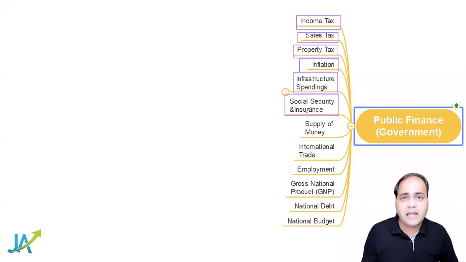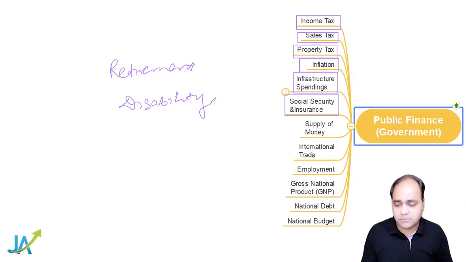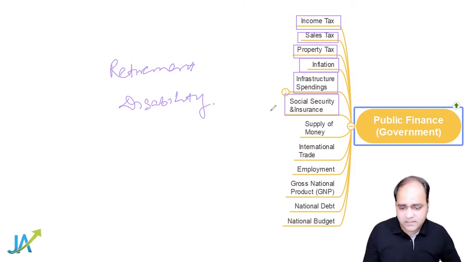It includes insurance for an individual's retirement, disability, and other factors like medical expenses. These factors are considered in the social security and insurance kind of public financing.